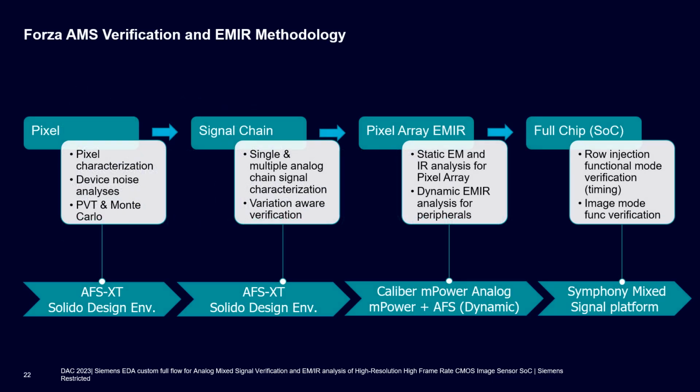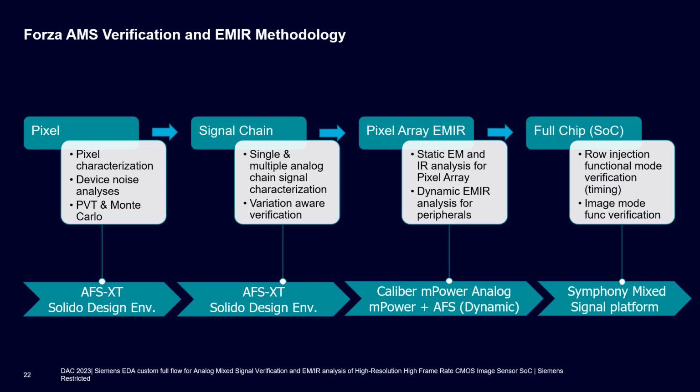The verification of the CMOS image sensors can be broken down into 4 stages. First, at the pixel level, where we are interested in characterizing performance in terms of device noise, dynamic range, linearity, etc. The second stage of verification consists of the analog readout signal chain consisting of column circuitry.